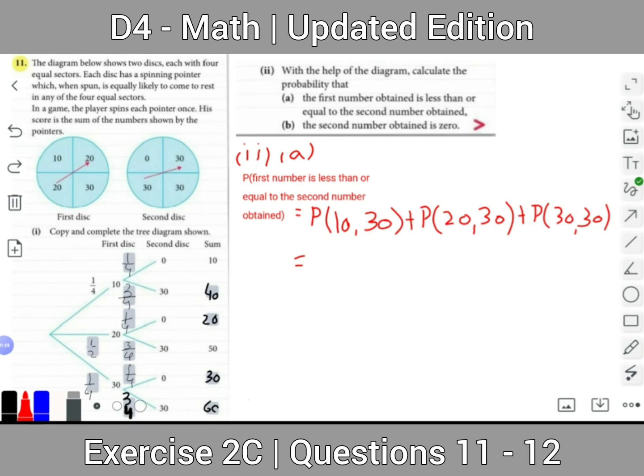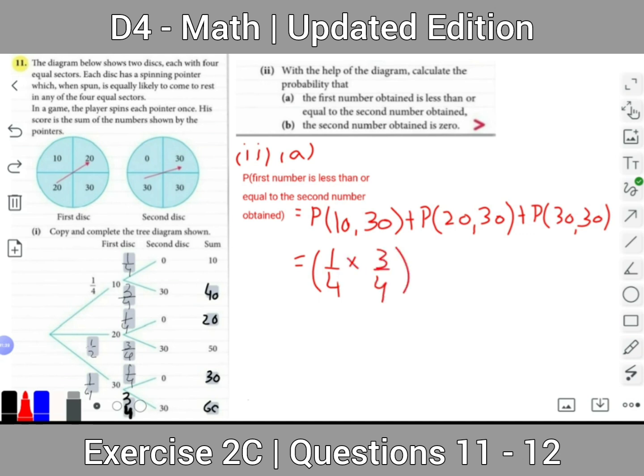And now we will apply the multiplication law of probabilities. The probability that 10 appears on the first disk is 1 by 4, and for 30 on the second disk it is 3 by 4.